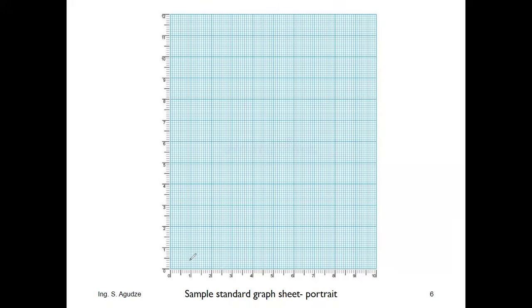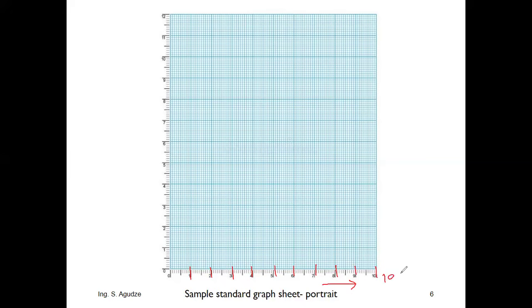And I'll be talking about some large squares and small boxes. If you take this particular direction, you have 1, 2, 3, 4, 5, 6, 7, 8, 9, 10.